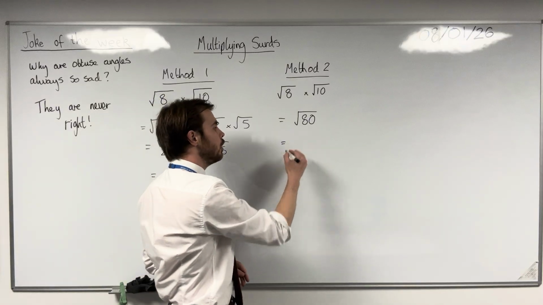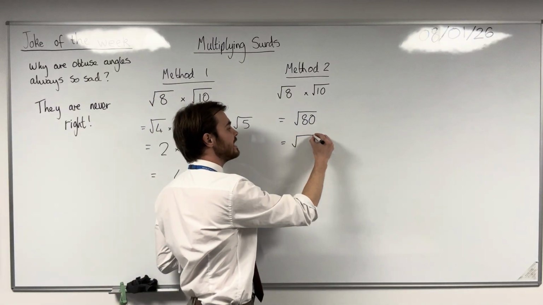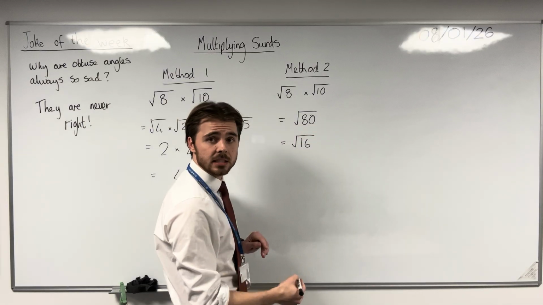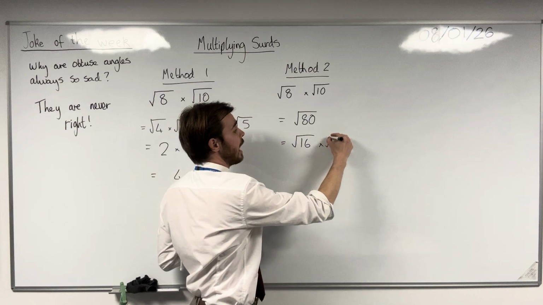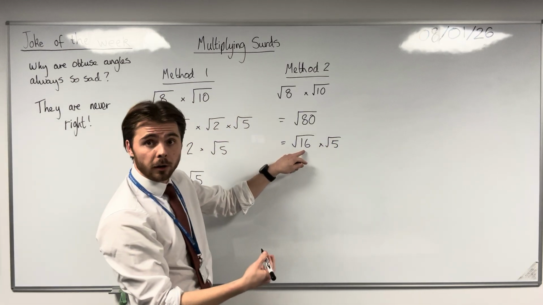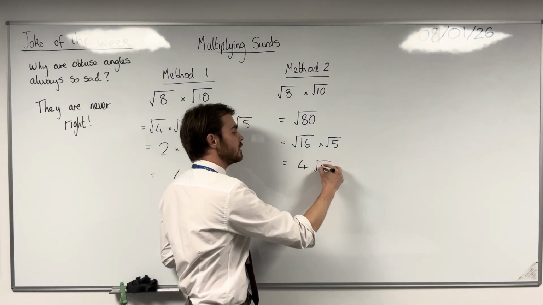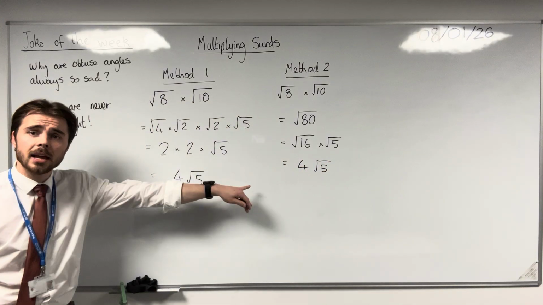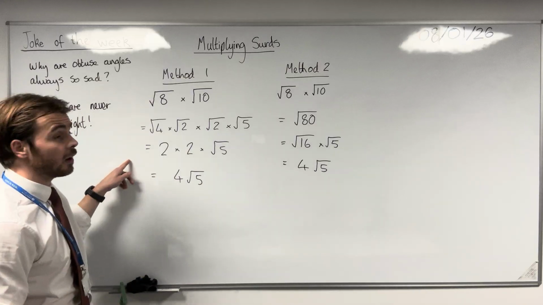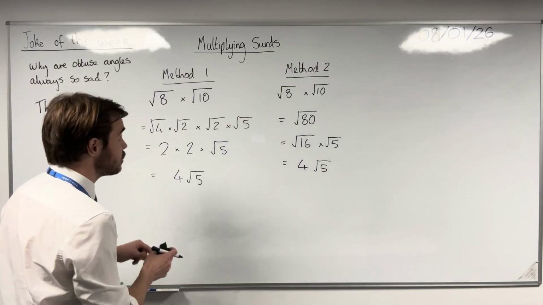Those of you who are really confident with your square numbers will recognize that there is root 16 in this, and 16 goes into 80 5 times. So we have root 16 times root 5. Now we can simplify root 16 to become a 4, and then the root 5 stays the same. Look at that, we've got the same answer, but two different methods. I prefer this one, and it will become clear why in a second with our later examples.